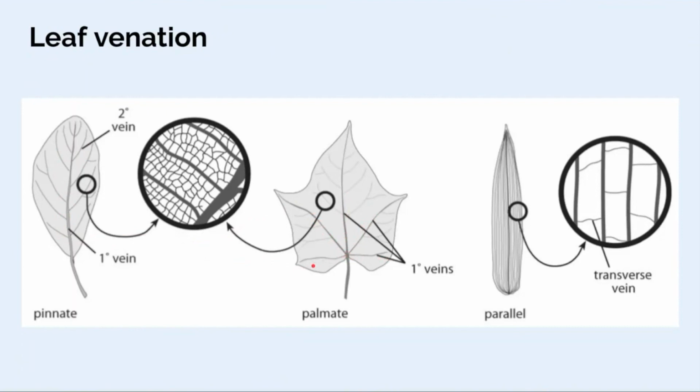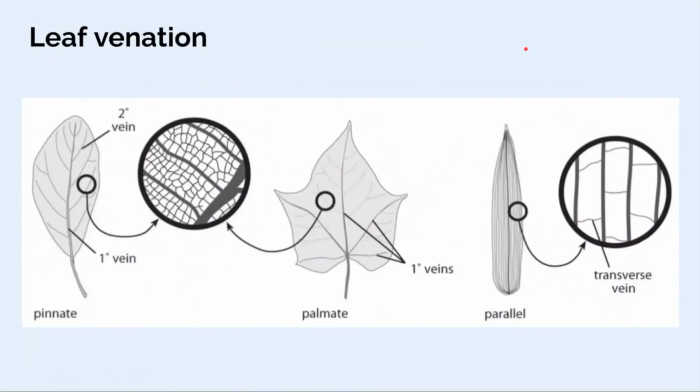Palmate. And then parallel, pretty much matching the geometry definition of parallel, with the exception that, of course, parallel lines in geometry don't cross. Parallel veins in a leaf might be coming back together at the tip or the base, but mostly not touching each other, not branching out from each other. These are the main veins.